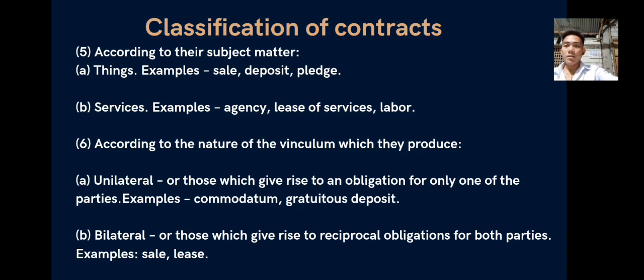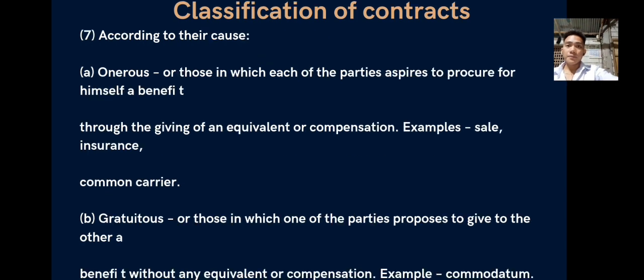Bilateral, or those which give rise to reciprocal obligations for both parties. Examples are the sale and lease. So, the seventh classification of contract is according to their cause. Onerous, or those in which each of the parties aspires to procure for himself a benefit through the giving of an equivalent or compensation.